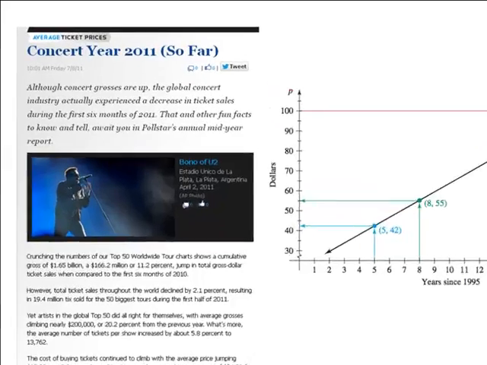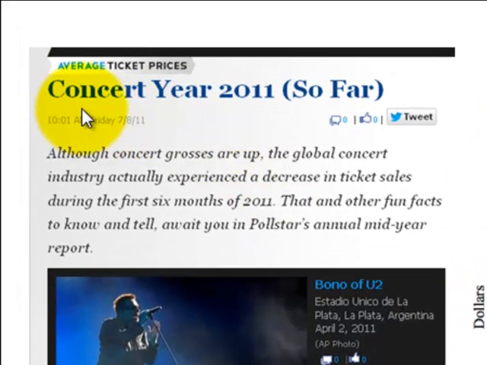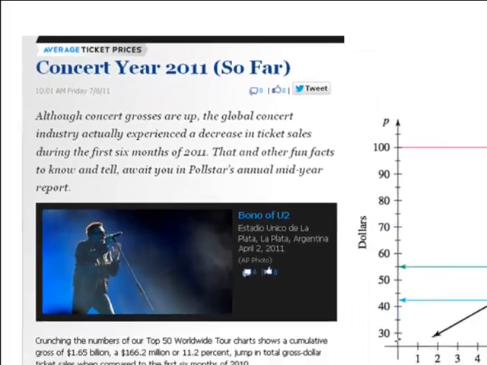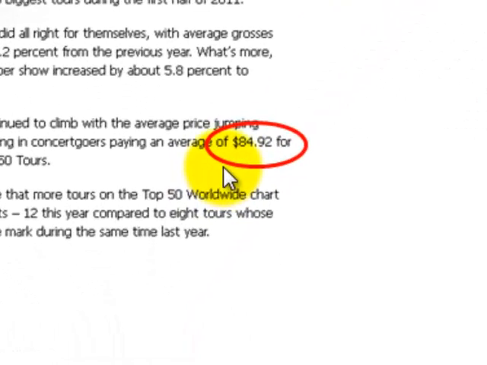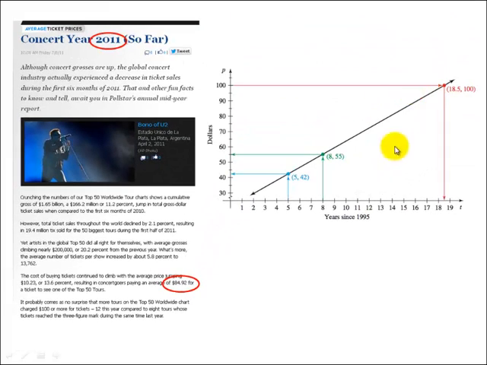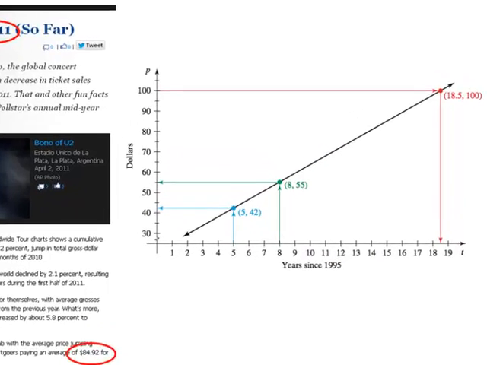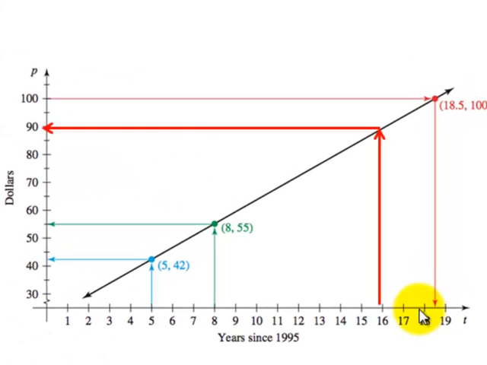Let's use this same model. This was the average ticket price in the year 2011, and according to the top 50 concerts, the average ticket price was $84.92. Now let's see what the model predicted. So in 2011, that is 16 years beyond 1995.